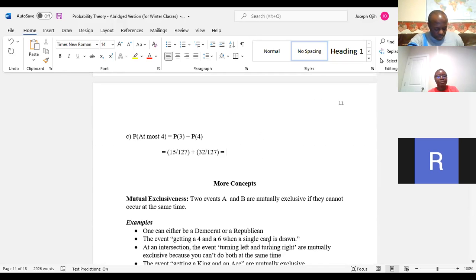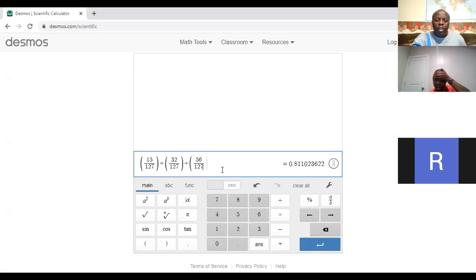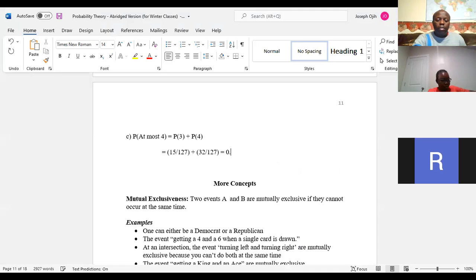I'll take you to the calculator. We have it there already, so I'm just going to remove one of them. See, 15 over 127 plus 32 over 127, and that gives us 0.370, or just a 37% chance.